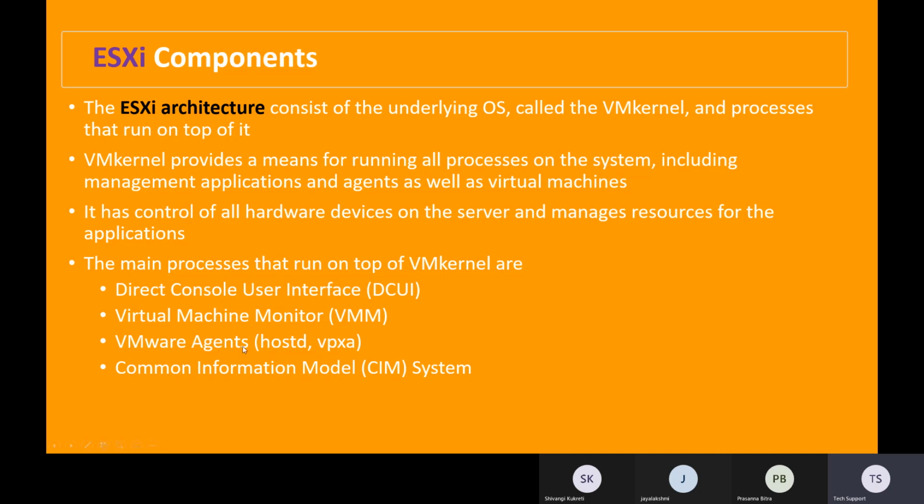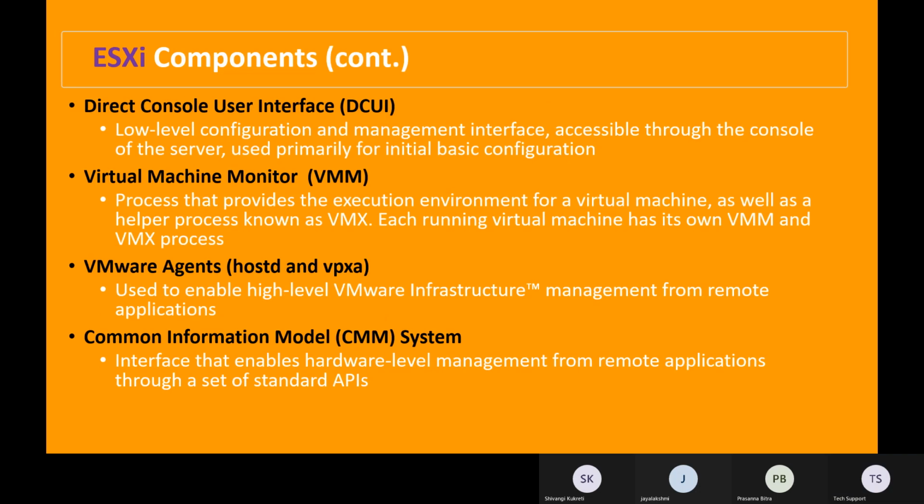And the VMware agents, we just discussed, hostd is for the ESXi management agent and vpxa for the vCenter Server agent. And another one, common information model. Common information model is mainly used for ESXi host hardware status monitoring. Okay, we'll elaborate these same processes in the next slide.